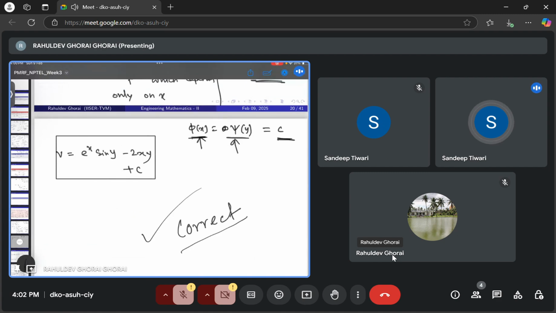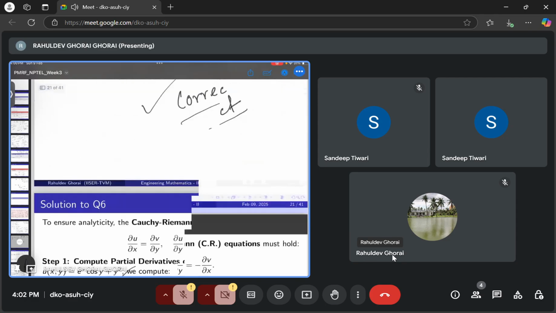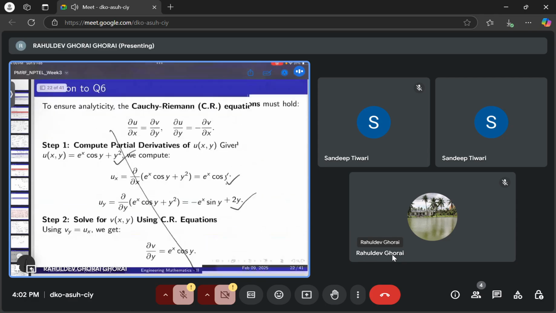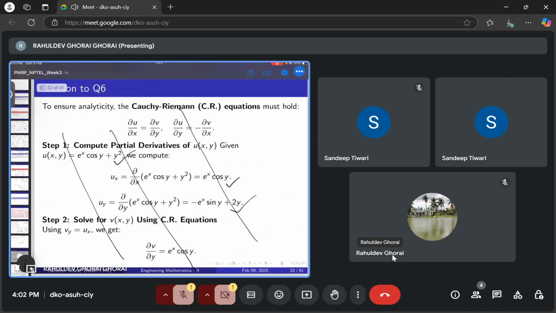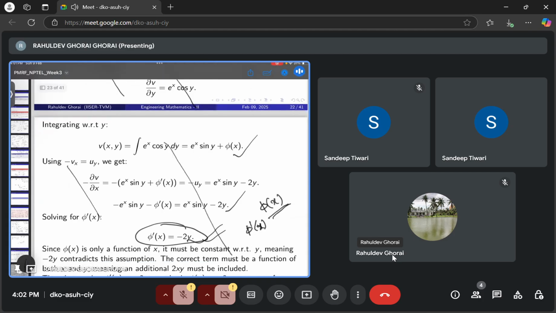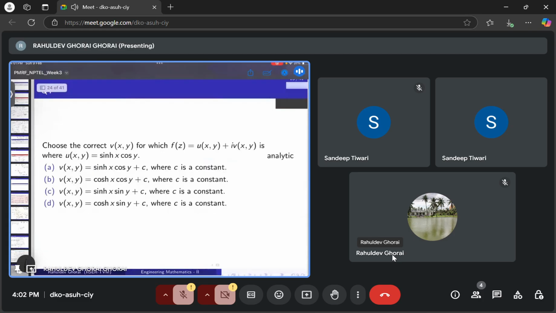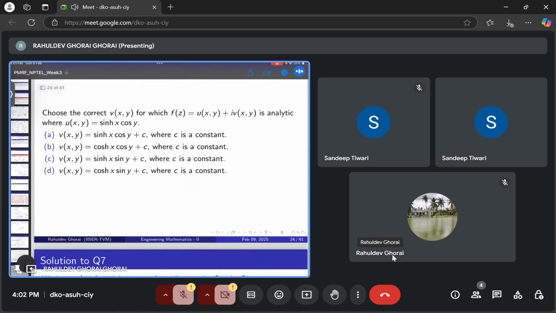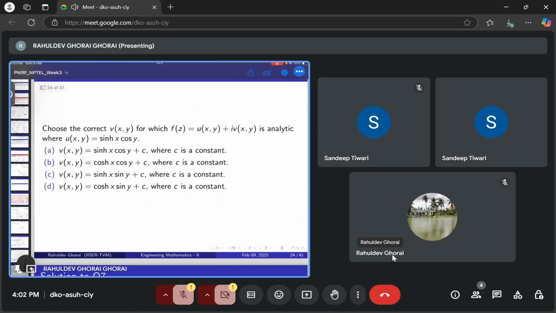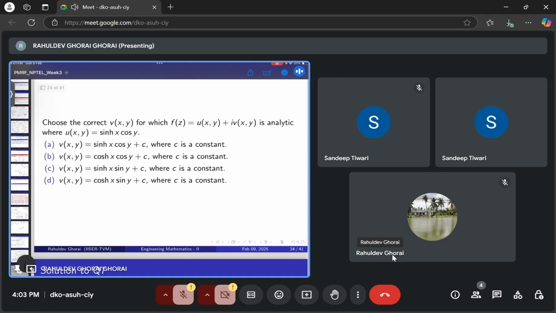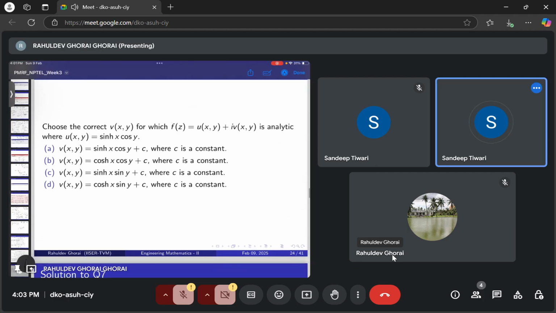With respect to minus x square, and this one I will just cut it, and that will be posted in that group, your Google Drive.